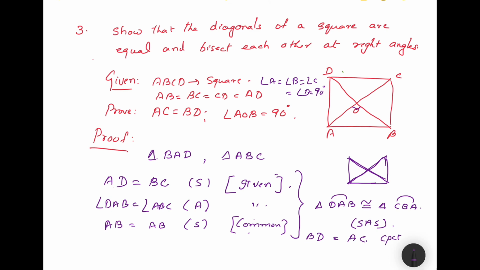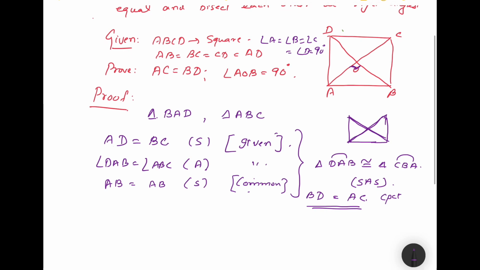So, first thing we have proved the diagonals are equal. Now, you have to prove the diagonals bisect at right angles, so you have to prove this as 90. For this again you have to take the adjacent triangles only.